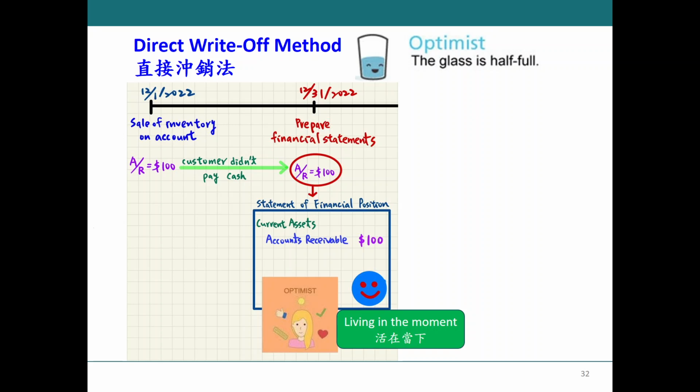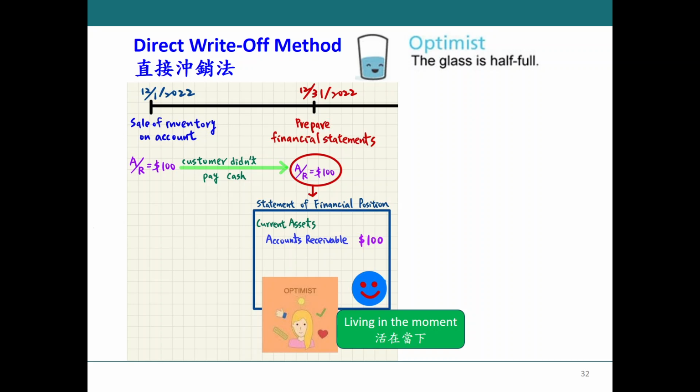So accounts receivable $100. If you are optimistic, 乐观的, we use the direct write-off method. So based on this, when you look at the financial statement, what's the number we have? 100, right? Because do we need to worry about the risk? We don't need to. Because what? We are optimistic.